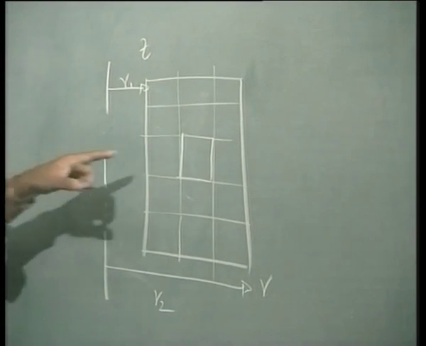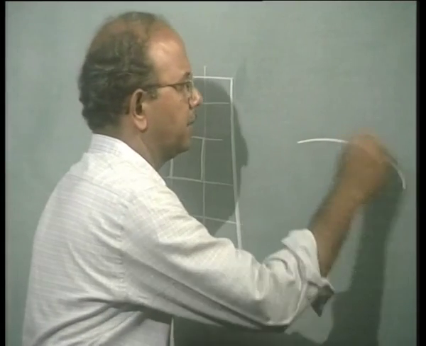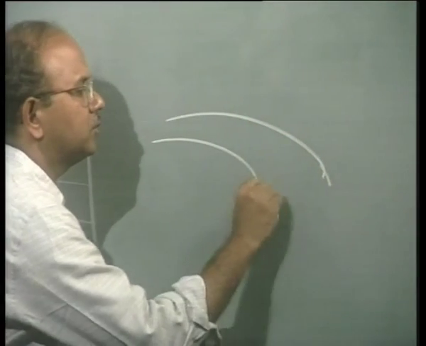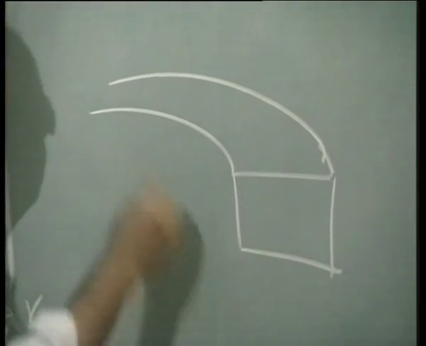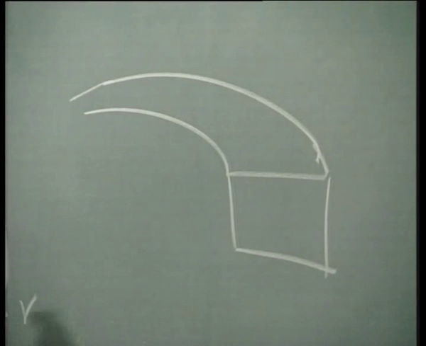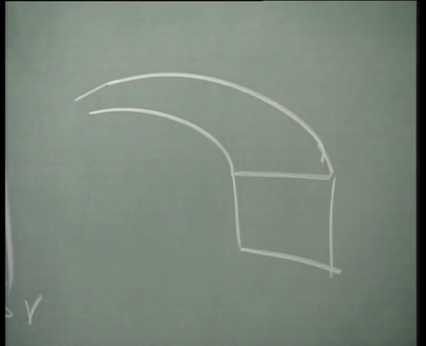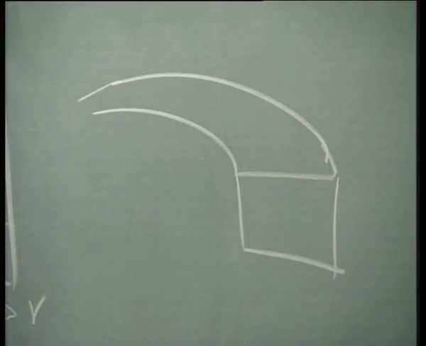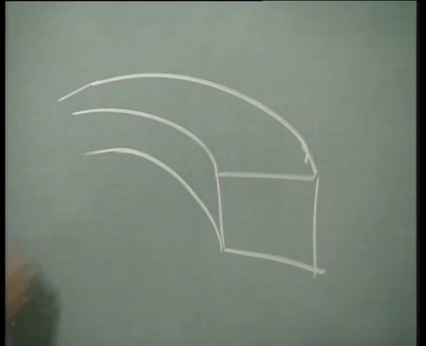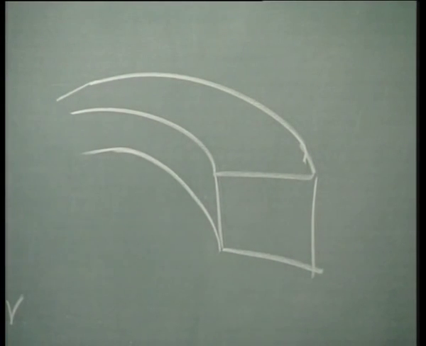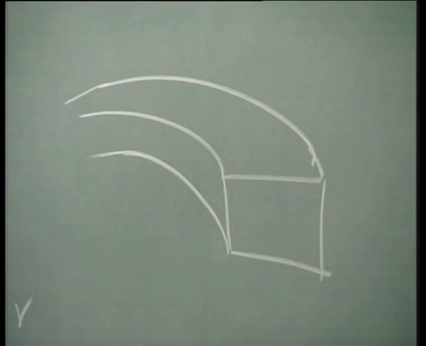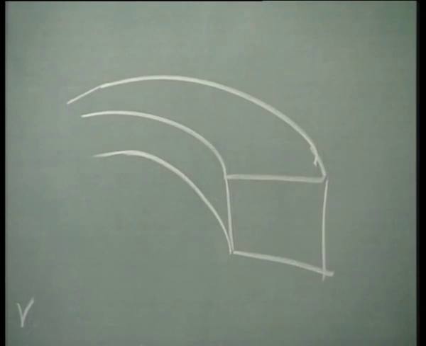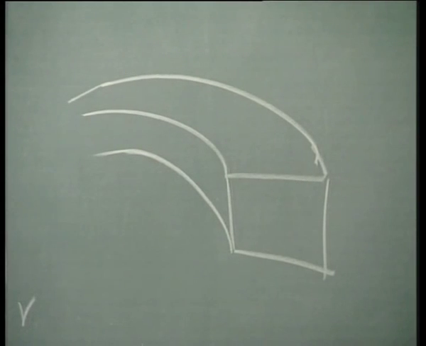Actually this element is a ring element. It is actually a ring which goes to the other side. So the element is formulated taking into account this complete ring. That is the first point.